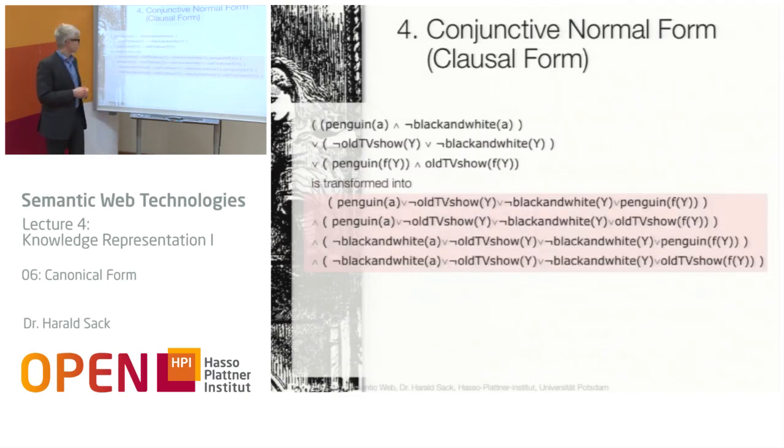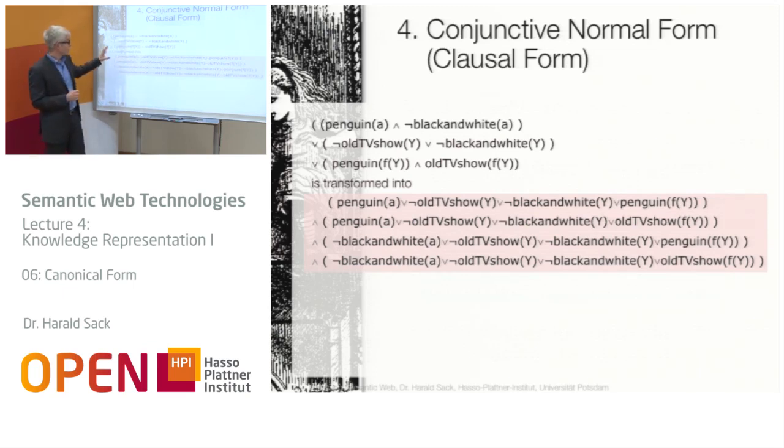So here again is our example. I do not want to go into detail, but we apply the distributive law and De Morgan's law simply to achieve a conjunction, these are the blue conjunctive symbols, over a set of disjunctions that we have here.